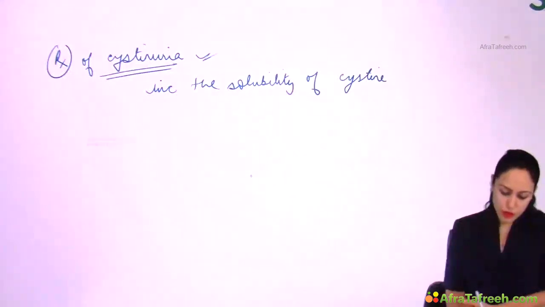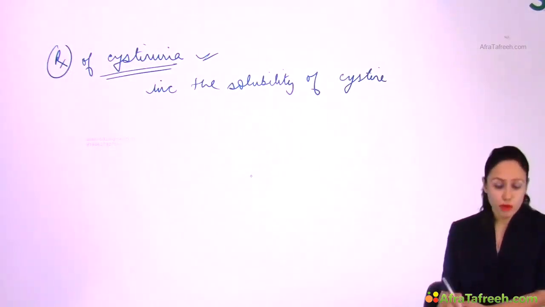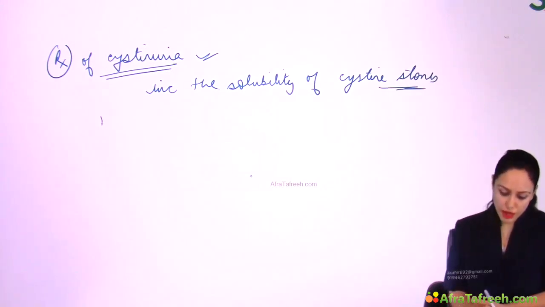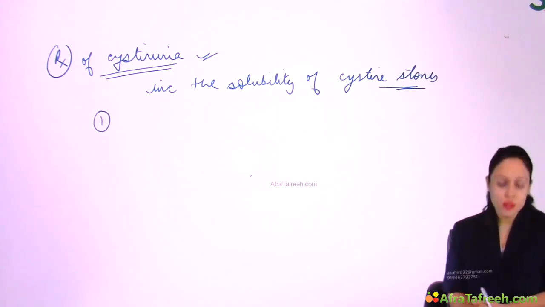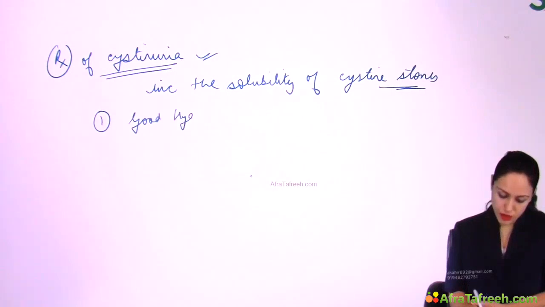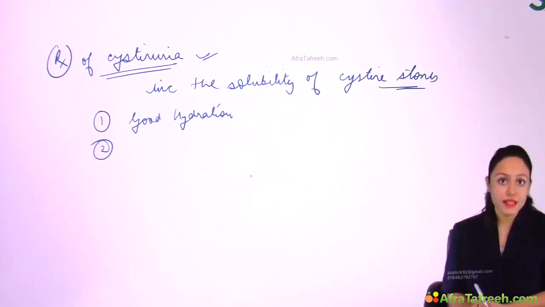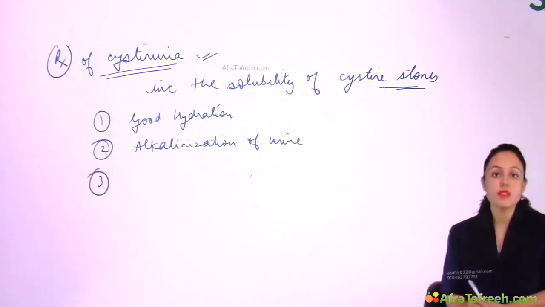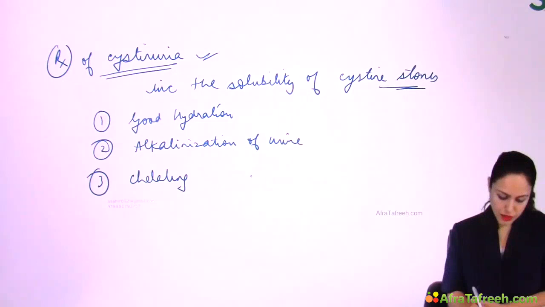Now coming to the treatment of cysteinuria, the main part of treatment is to increase the solubility of these cystine stones, and how can it be done? One is with good hydration, we can increase the solubility. Other is alkalinization of urine. And third is chelating agents like penicillamine can be given.